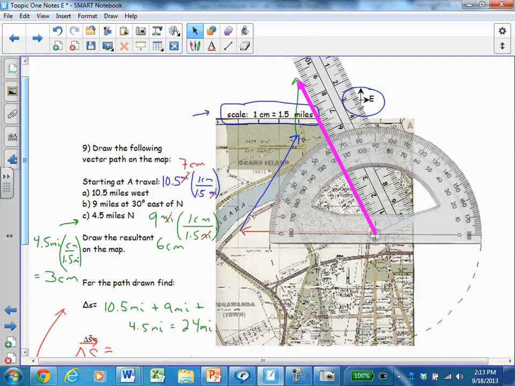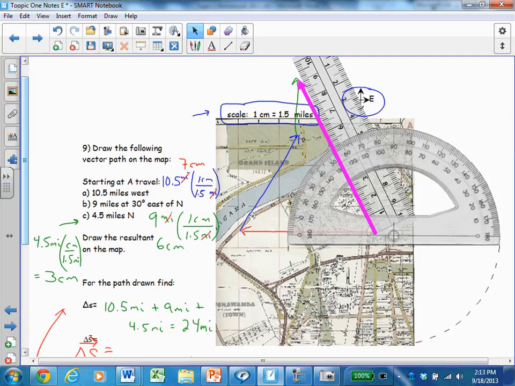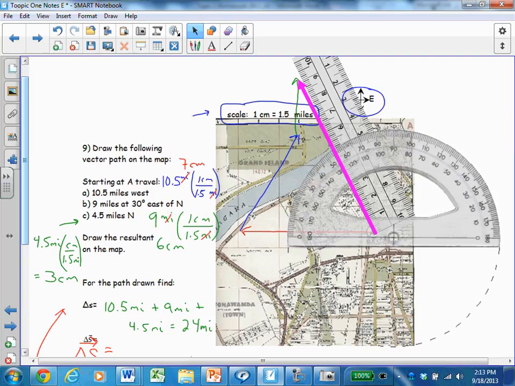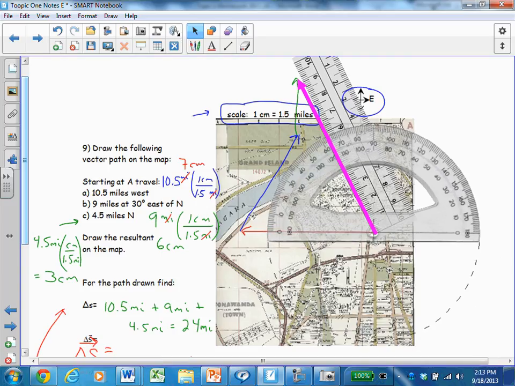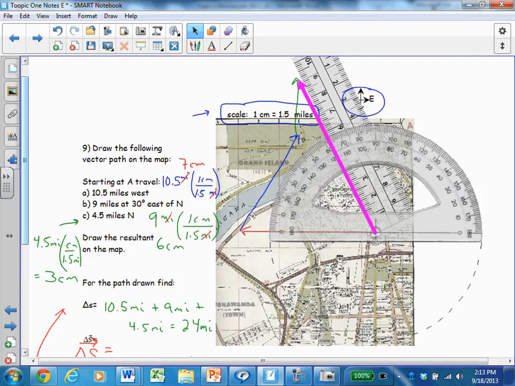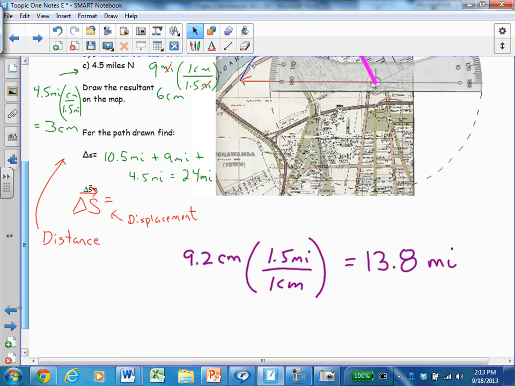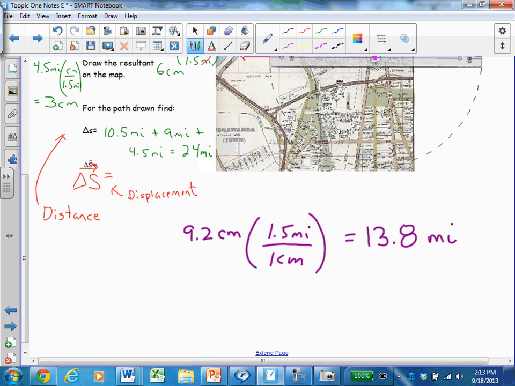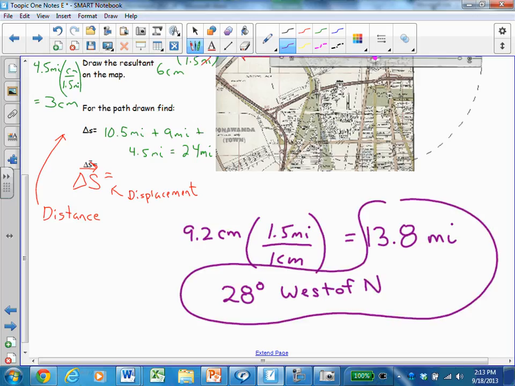So I take the crosshairs of my compass, and I put them right there on the vector, and I read it off, and here's north, and now I have 10, 20, about 28 degrees west of north, isn't it? 28 degrees west of north. So this is my delta S with an arrow.